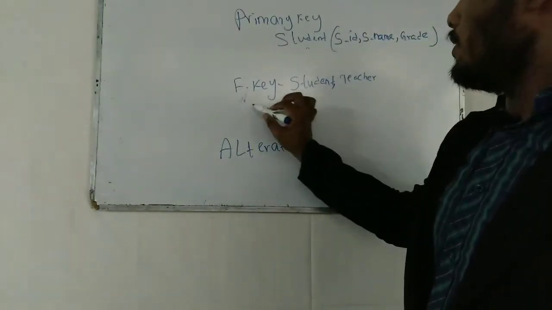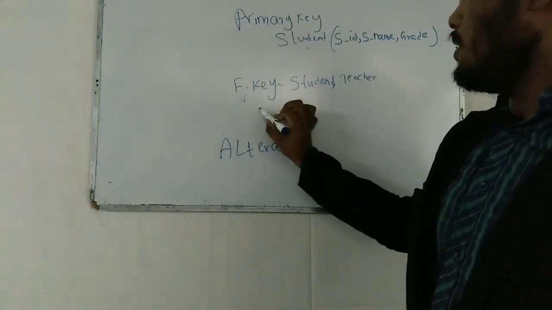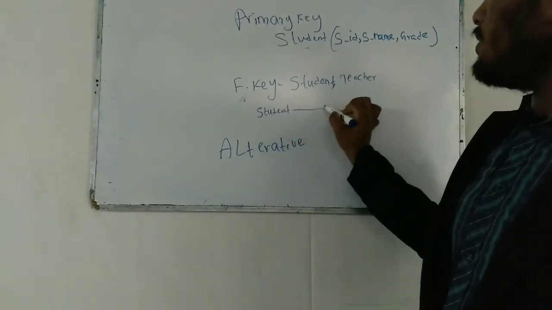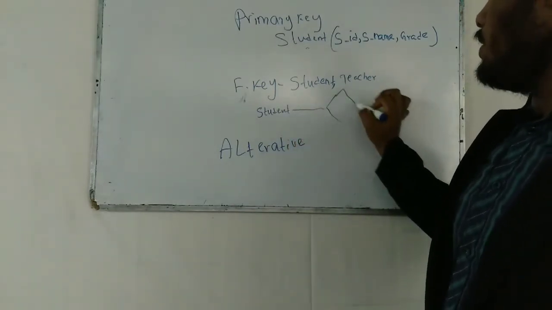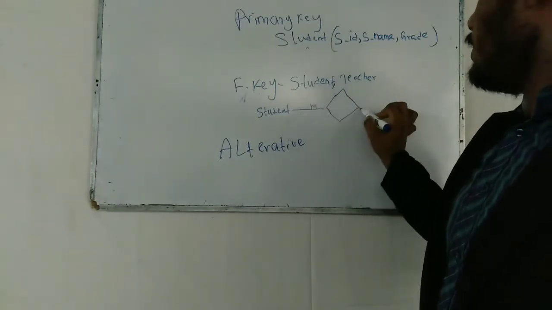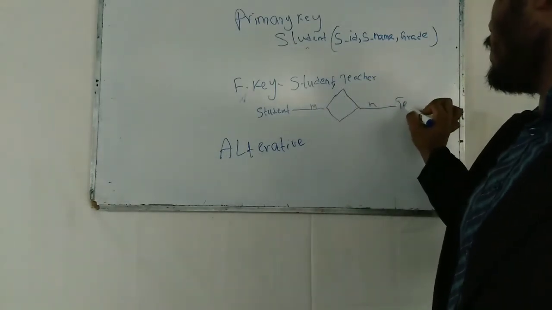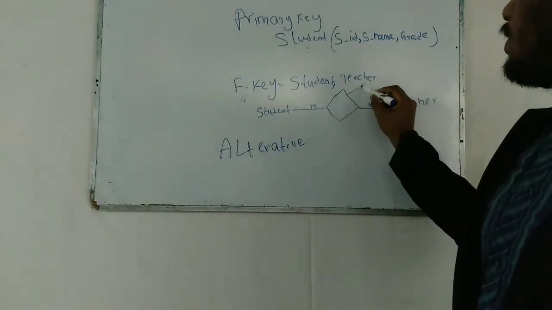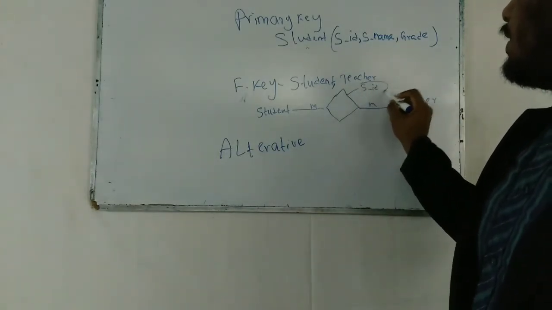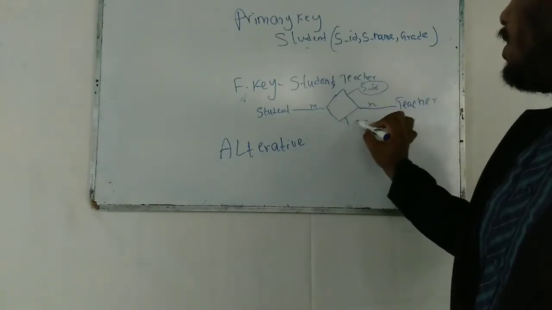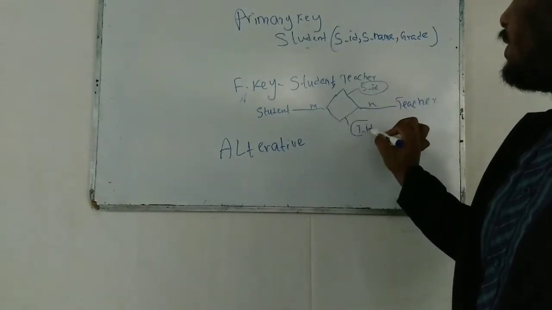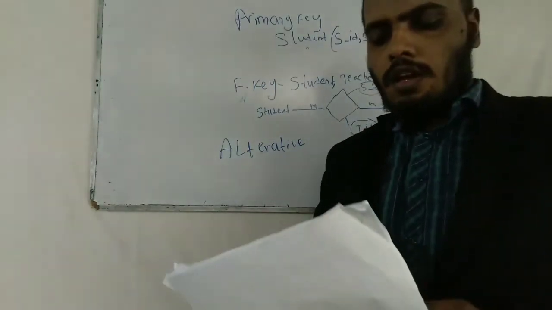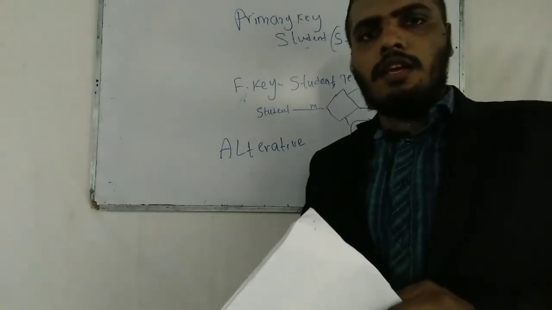So think this is the student entity and it has a relationship with the teacher entity as many to many. So the primary key of the student entity and the primary key of the teacher entity become foreign keys here. So that's what foreign key means.